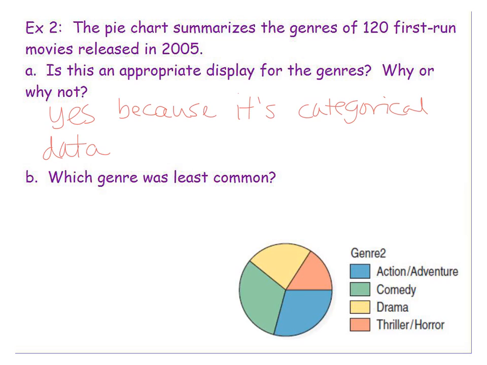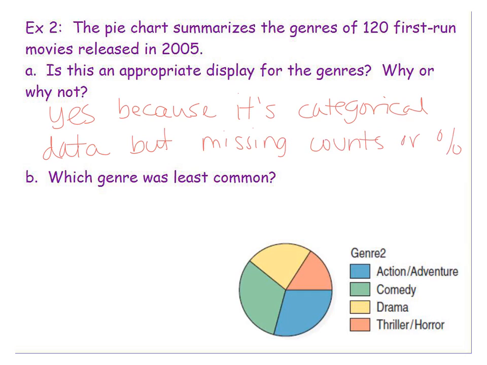Does anybody see any issues here? It shows the colors because the words were too long. They color-coded the wedges, which is perfectly fine. But the one thing that's missing, though, is either your counts or percentages. So yes, it is appropriate because it's categorical data, but it's missing the counts or percents.